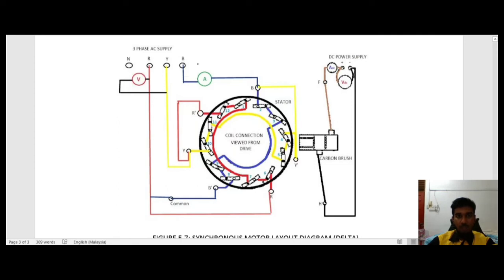From the blue line it enters the stator coil, then the output of blue dash goes to the common and is connected with the red line. The neutral part is not connected because this is a delta connection.